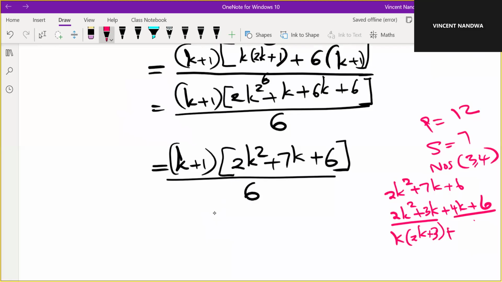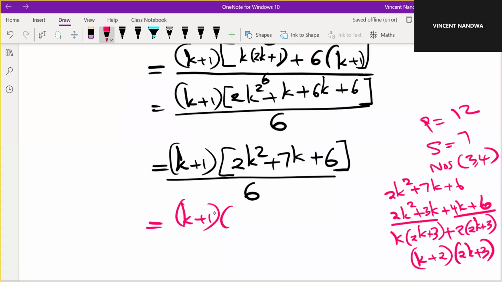Then common in the other pair is 2, so 2 into 2k plus 3. So then we can write this as k plus 1 into k plus 2 into 2k plus 3, divided by 6.